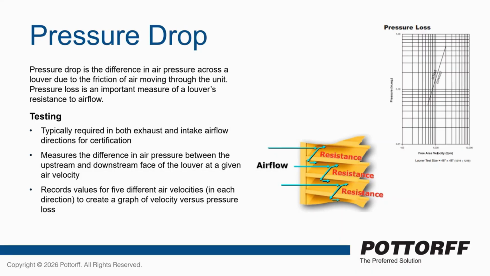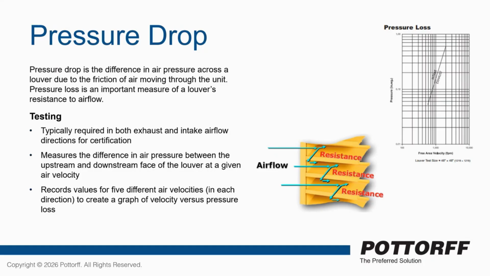But you also want air to flow across this, and usually an engineer or architect needs a certain amount of airflow to get into the building for it to perform and be comfortable. So for pressure drop, the lower the number, the better.